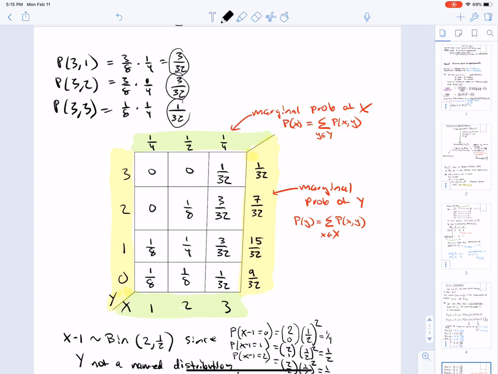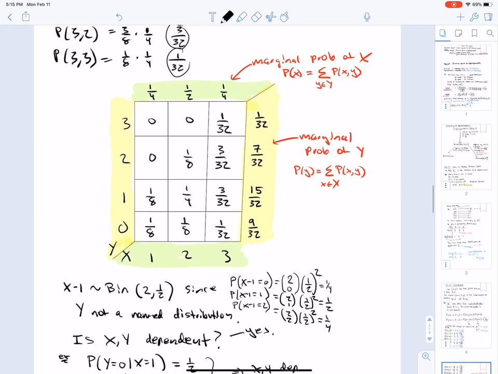The marginal probability of x is you fix your x and you add up all of the entries in the column above. And for y, similarly, we fix y and we add up all of the entries in the row with that y value.